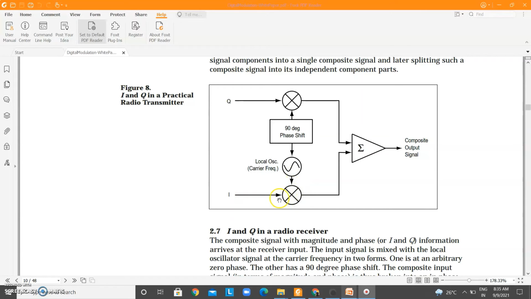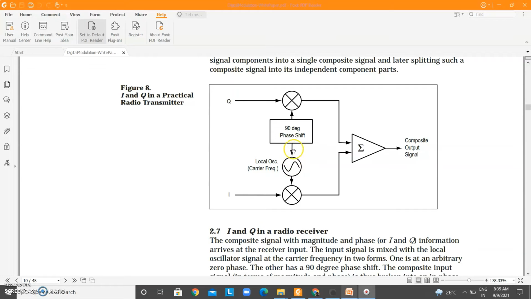So the I component is directly multiplied with the carrier frequency. And here what happens, see, the local oscillator is given to a 90-degree phase shift. So there is a mistake here, this arrow should come back. It should come back, it is in the other direction.